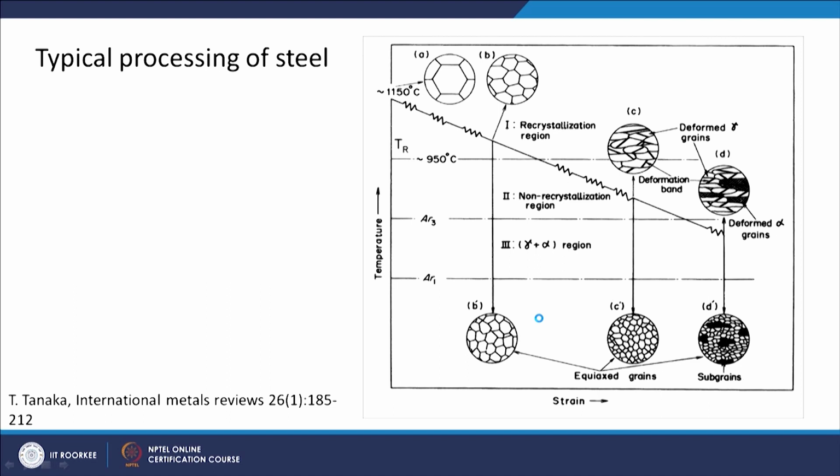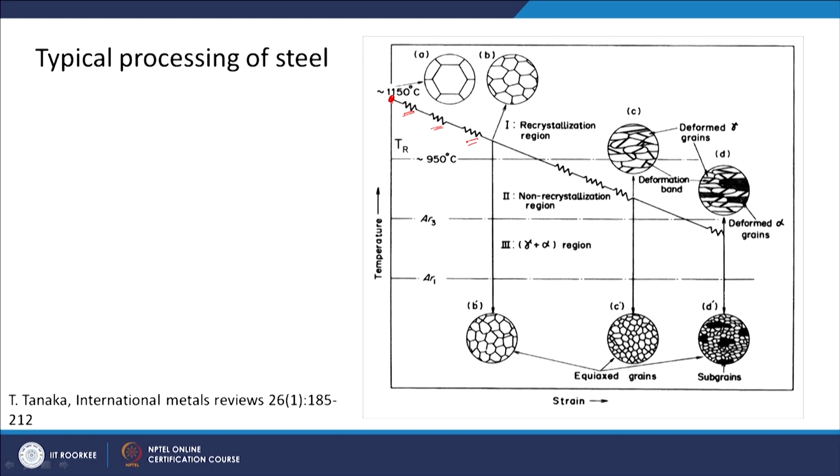Now, this is a typical processing of steel, just to show you what the different stages of processing are that the material has to go through in industry. As you can see, the deformation of the material starts somewhere from 1150 degrees Celsius, and these hatched regions are the regions where you have imposed strain in the material.